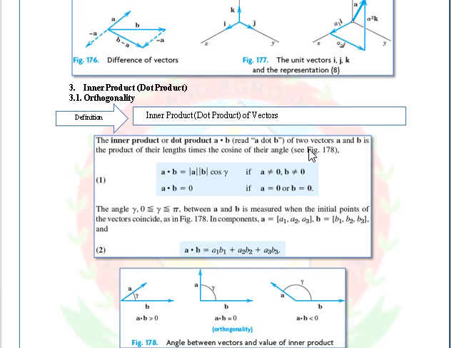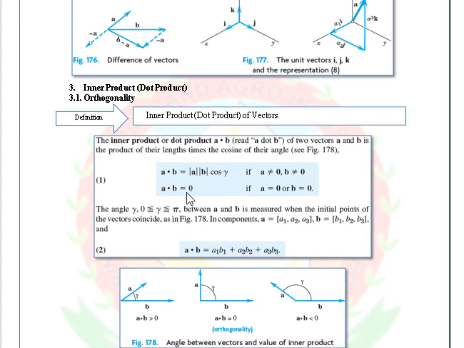Now we are at the inner product, or dot product, or orthogonality. If you have two vectors that are not the same, then if we take their dot product, it is defined by this equation: a b cosine of alpha, where a should not be equal to 0, and b should not be equal to 0.